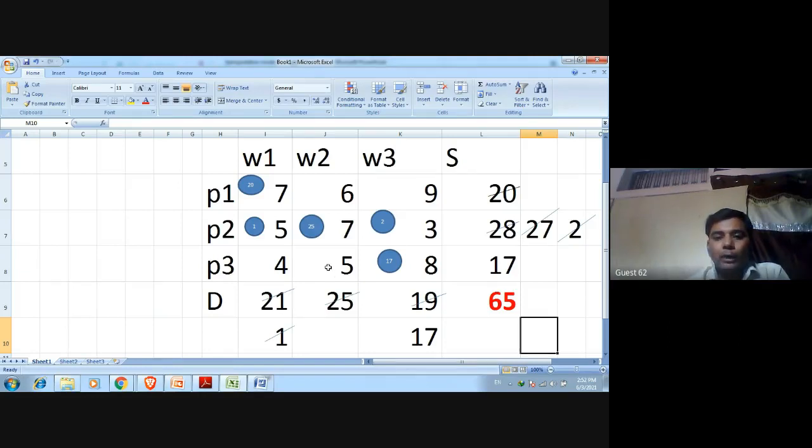So between the 1 and 27, which one is minimum? That is 1. So we will allocate 1 in the W1. Okay. So the requirement of W1 will be over. Next, again, here the units left with plant P2 were 27, and the requirement of W2 was 25. So between the 27 and 25, which one is minimum? That is 25. So we will allocate 25. How many units are left with the plant P2?